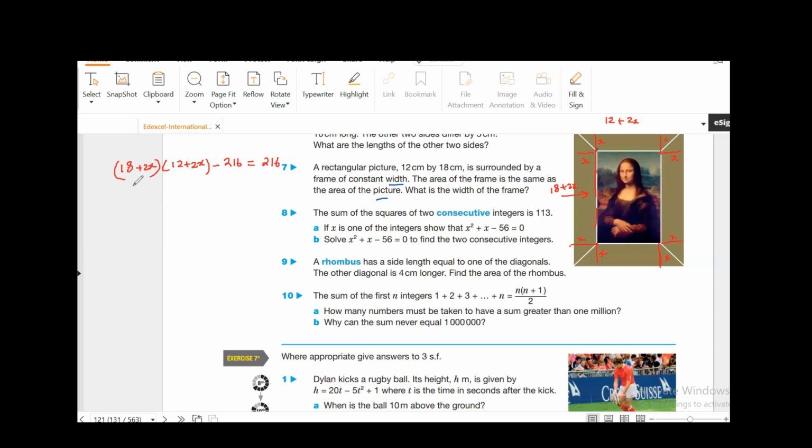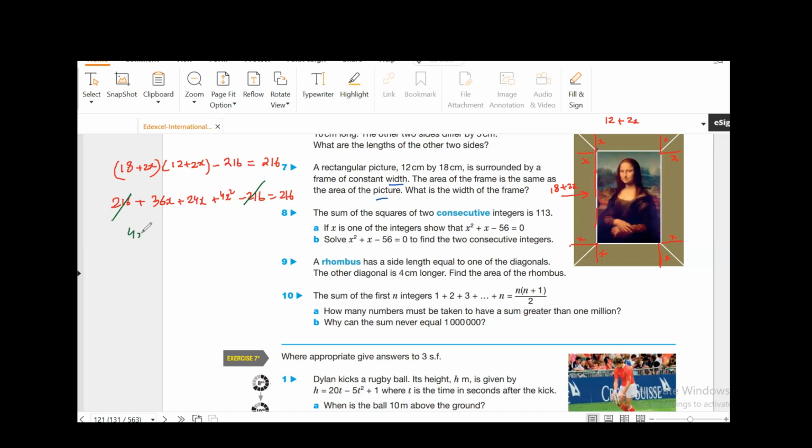So now we will try to figure it out. 18 multiplied by 12 is 216. So 18 multiplied by 2 is 36x, plus 24x, plus 4x squared, and negative 216 is equal to 216. So we can cancel the negatives.